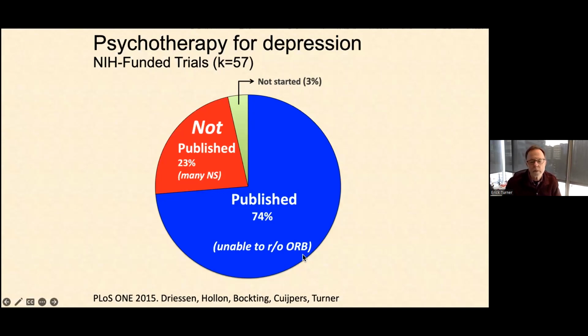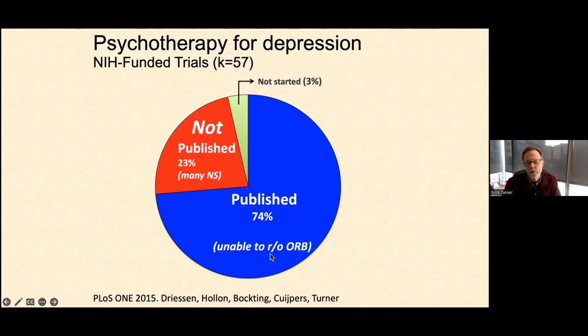And then we were able to track those into publication. We found that about 3/4 of them, this blue portion here, were indeed published, but about 1/4 were not published. Now, what we don't know about these blue ones is, as I have here, we are unable to rule out outcome reporting bias.